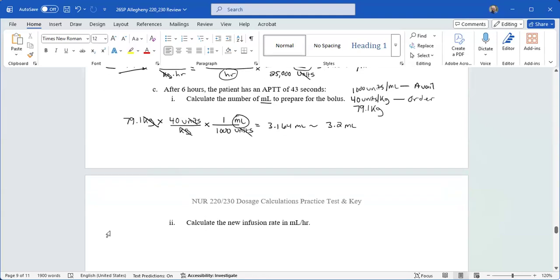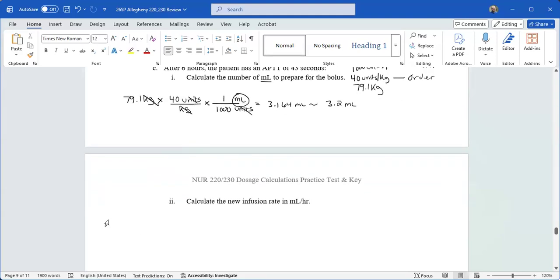For this one here, you're probably right there, Lauren. Let me just double check, and then I'll give you the pertinent information in case you're wondering what is going on here. Yeah, you're right, 15.8. Okay, so the pertinent information here is the order is 20 units per kilogram per hour.